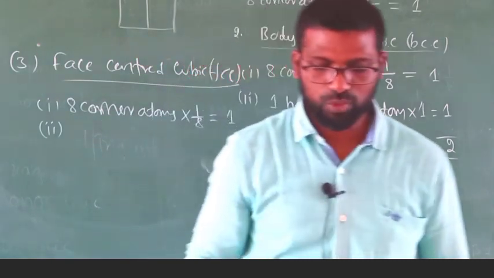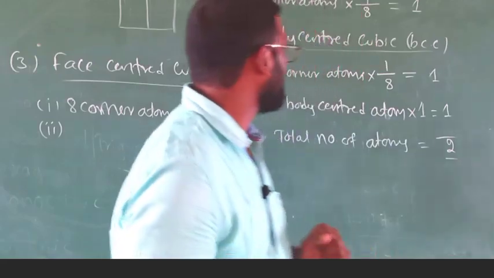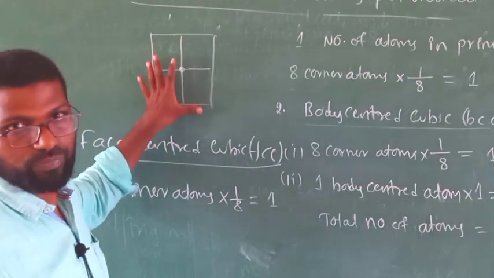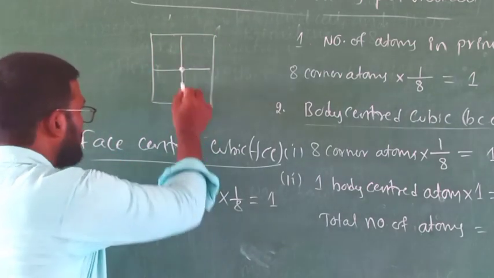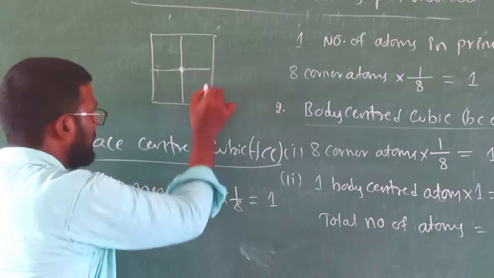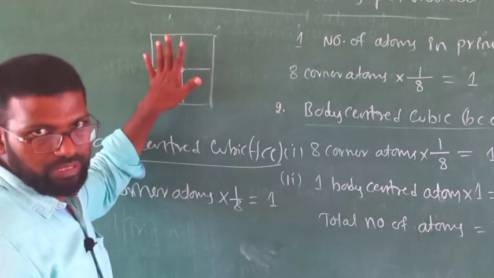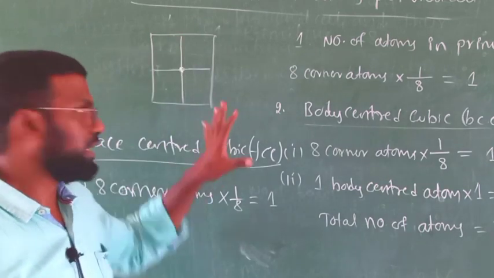Now let us come to the face contribution. What is the face contribution? In the beginning we imagined one arrangement, where I have taken 4 unit cells, and upon these 4 unit cells, 4 more unit cells are placed, a total of 8 unit cells.